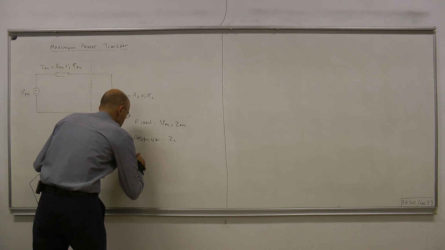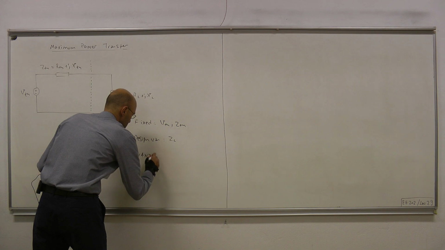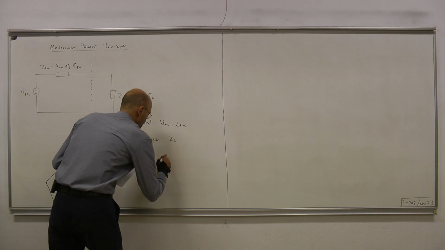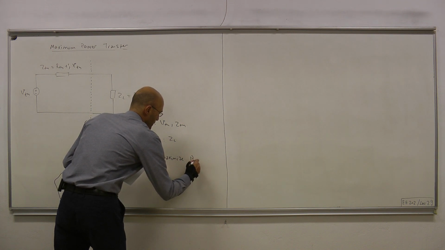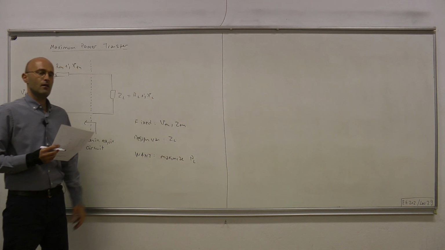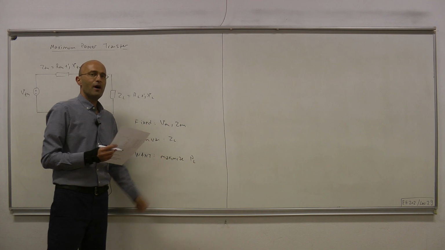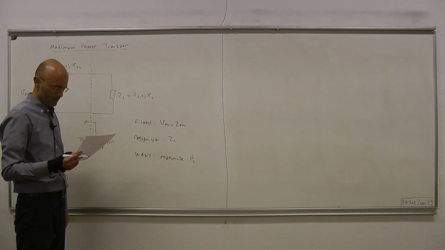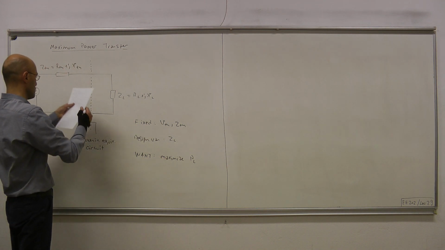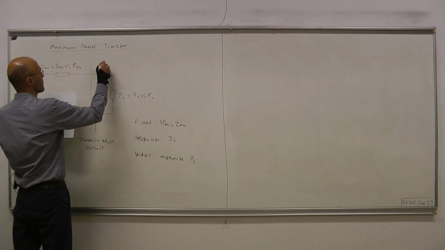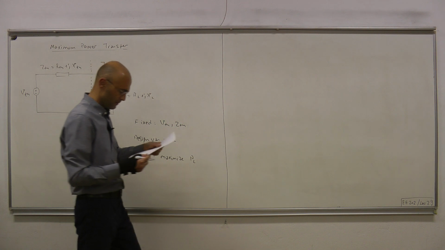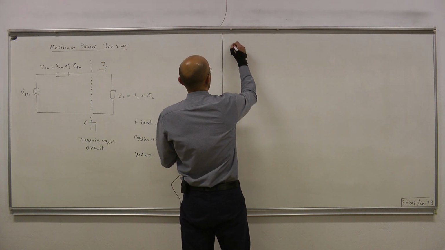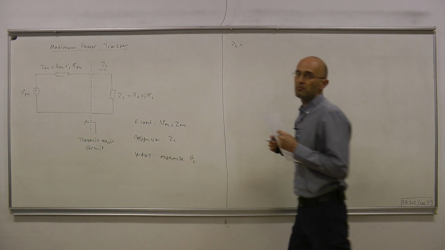And what we want to achieve is to maximize the real power, the average power consumed by the load ZL. Let's call this current IL, the phasor of the load current. So this is what we want to maximize, PL.